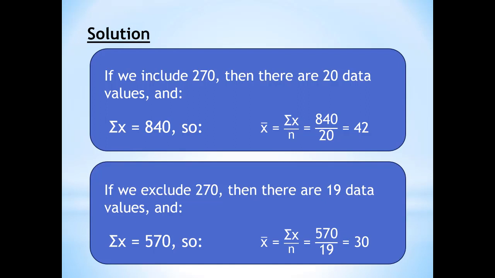And 42 doesn't seem like it's in the middle of those data values. It seems like it's at the end, because most of those data values are in the 20s and 30s. 42 is the highest data value, not including the 270. So what you can see is that including this outlier pulled that mean up from being 30 all the way up to 42. It moved it towards the outlier.